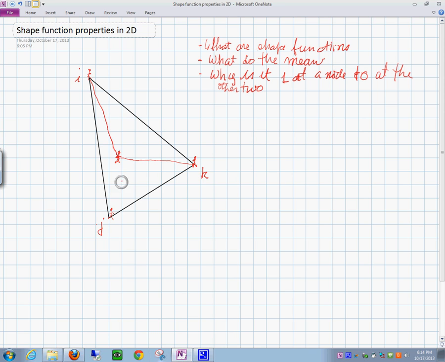They're all wrapped around him. We are going to call this A1, this is A2, and this A3.